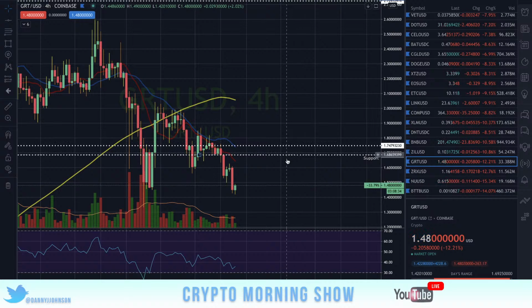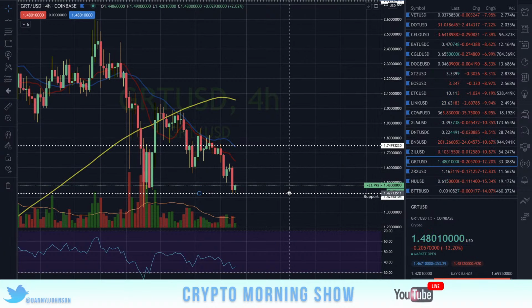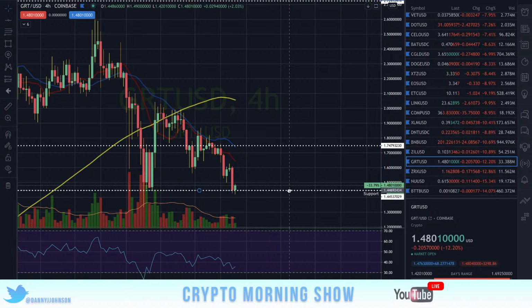GRT USD. As you can see, the body of this candle did manage to hold a support level from these in this area here. This is back on February the 23rd. So support is at 1.445.